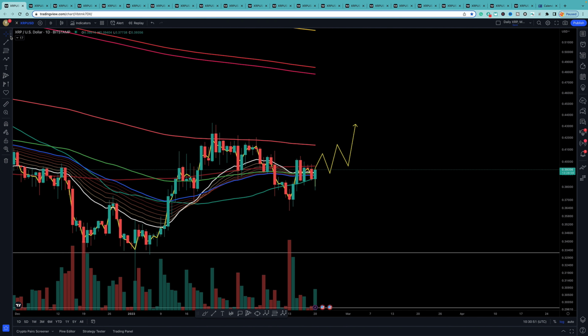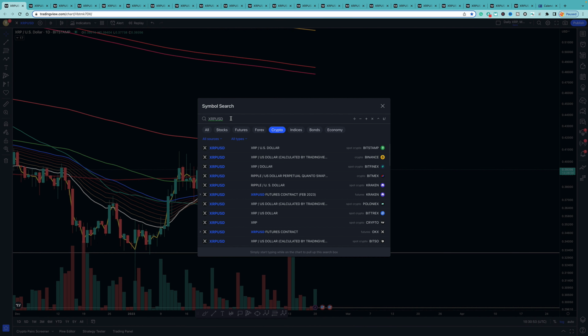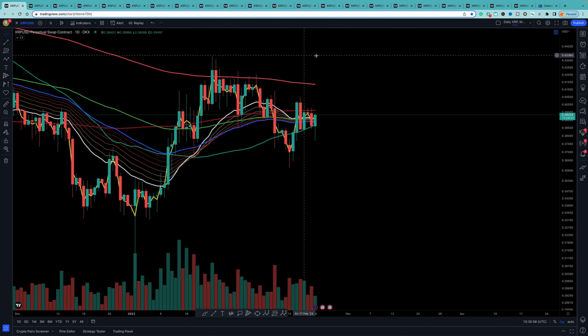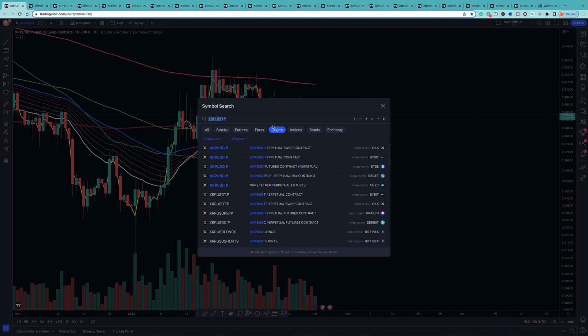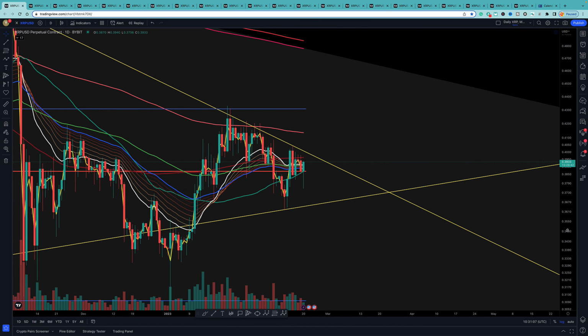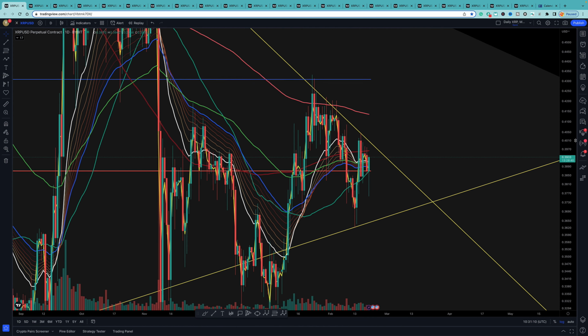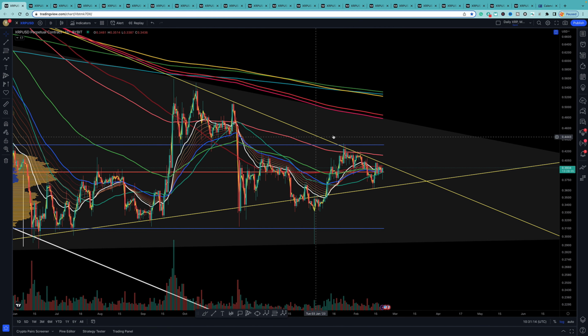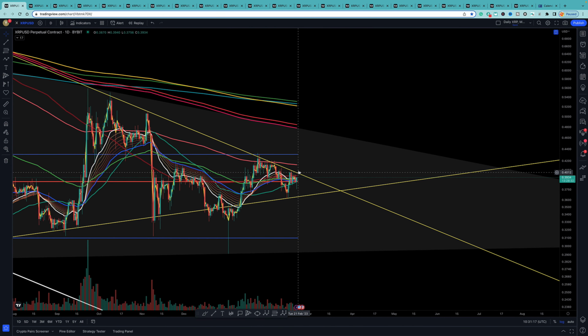while we break out of the triangle here, we break out of this resistance level here, we get this drawn out gradual lift.